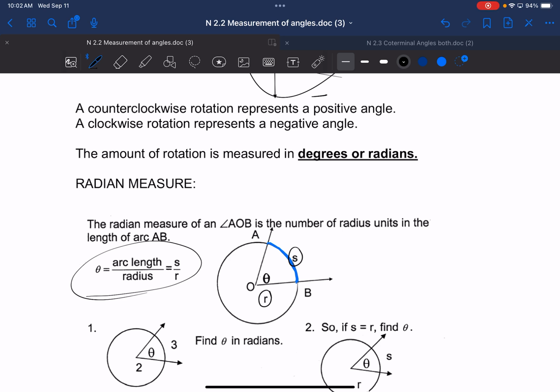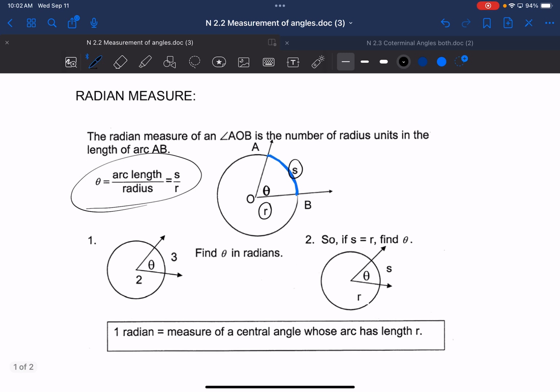So now that we have that formula, number 1 says to find theta in radians. Well, according to this formula right here, theta is equal to S over R, right? Where S is the arc. Well, how long is our arc on number 1? 3.